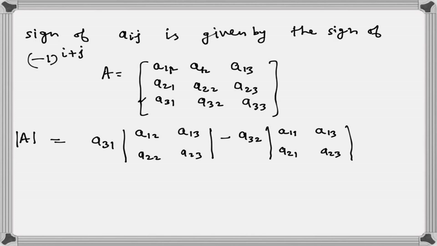And then the third entry a33, 3 plus 3 is an even number, so I delete the third row and third column, and we get a11, a12, a21, a22. So in a similar way we can calculate the determinant of any matrix by considering any row and any column.